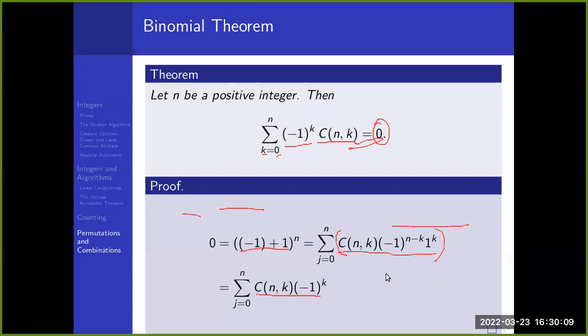There's something not right here. I'm using j, this should be k. This is k here, right? So this one should be k. K is equal to 0.